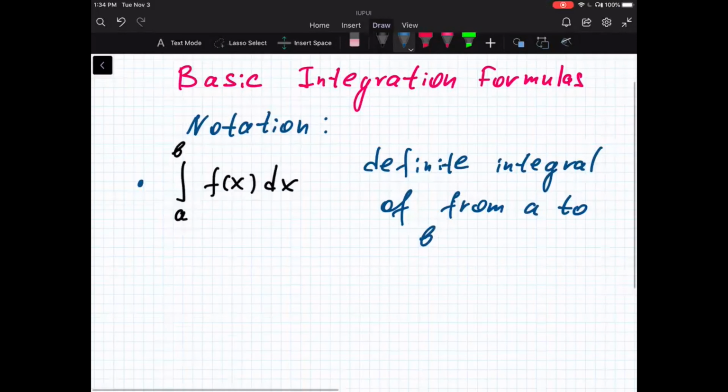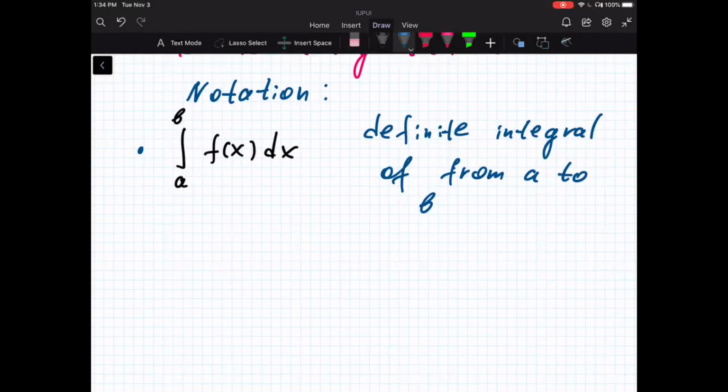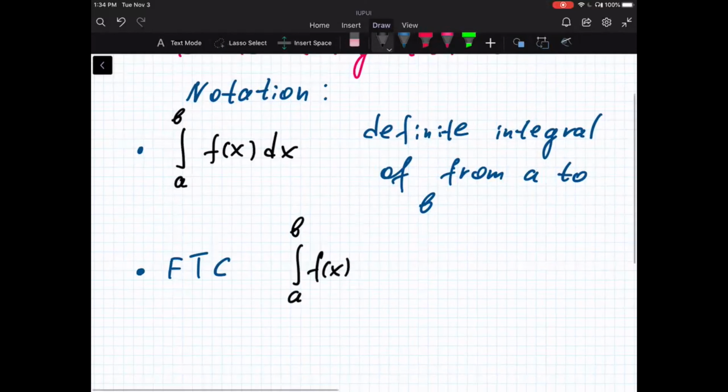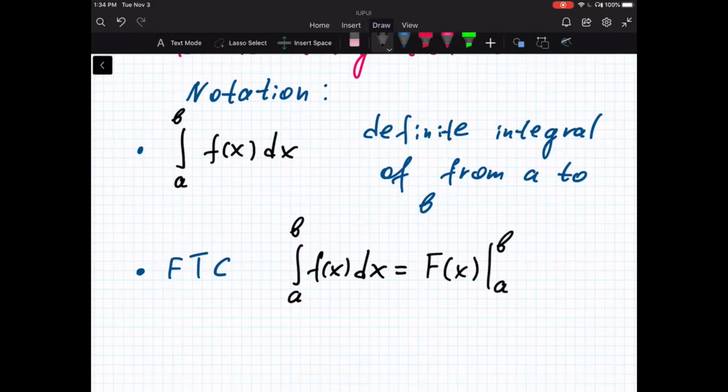And also we have our fundamental theorem of calculus that says that if you have such an integral, then we can find it using the antiderivative evaluated at point b minus point a. In other words, F of b minus F of a.